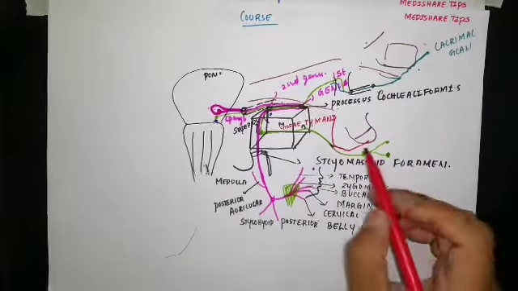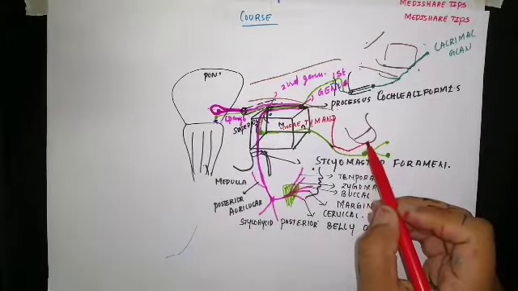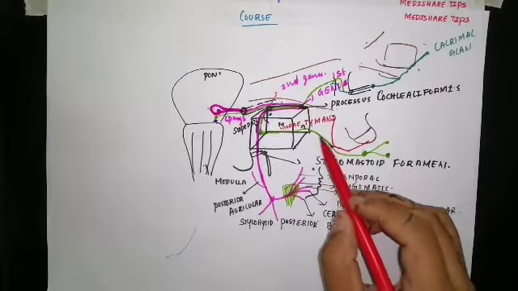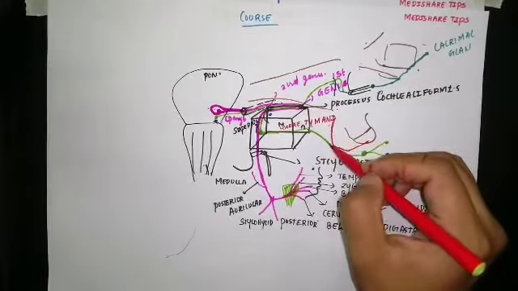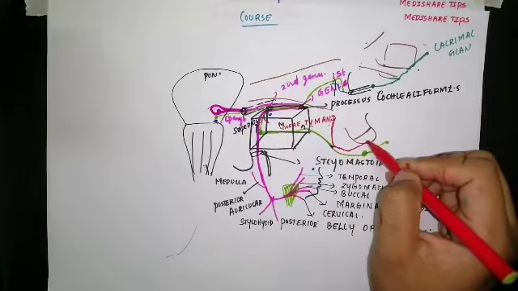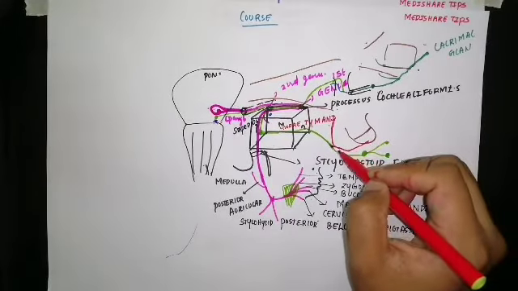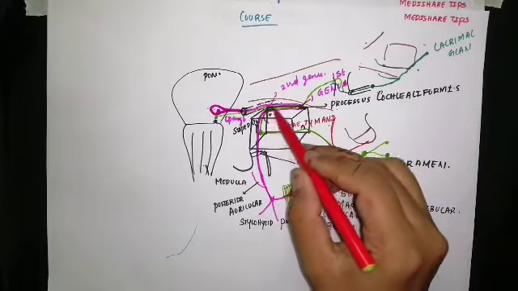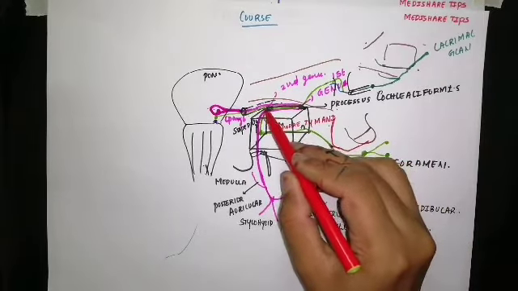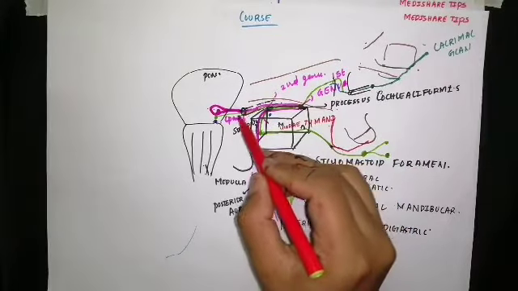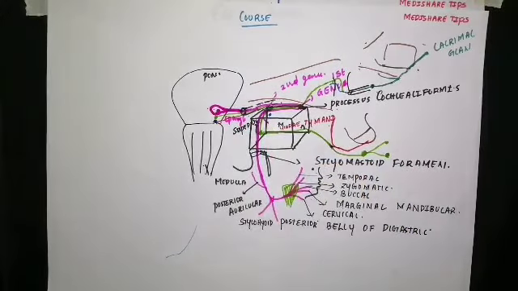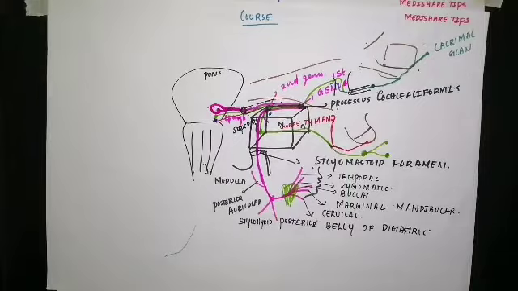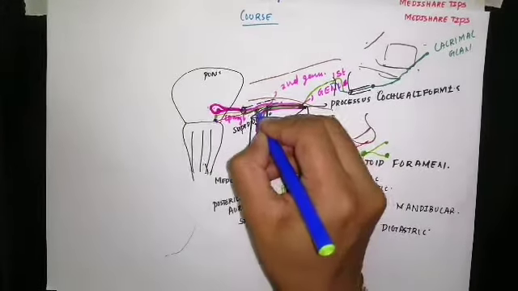We know that the chorda tympani joins the lingual nerve. So the taste sensations on the anterior two-thirds of the tongue are carried by the chorda tympani, which passes like this and reaches the nucleus tractus solitarius.